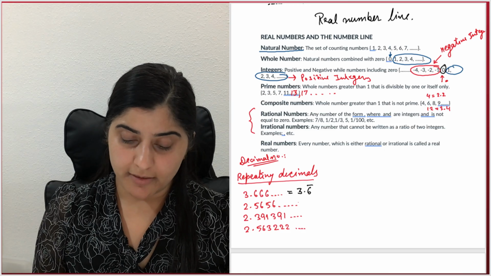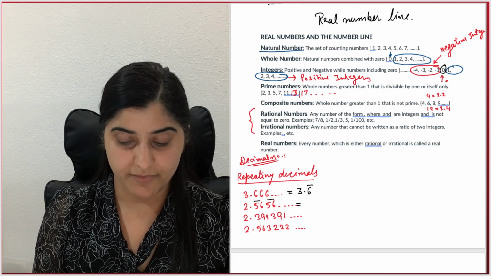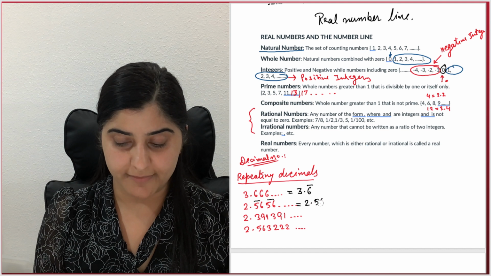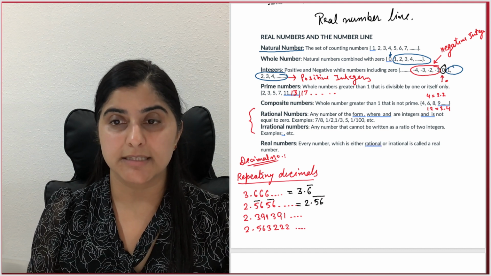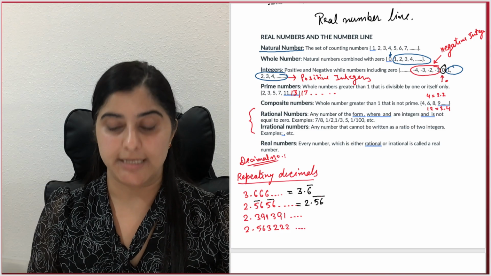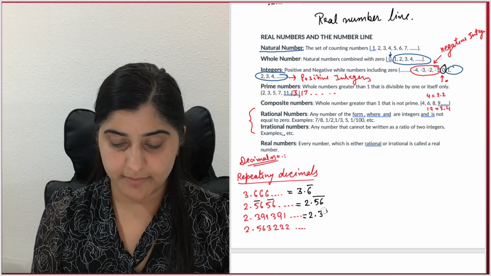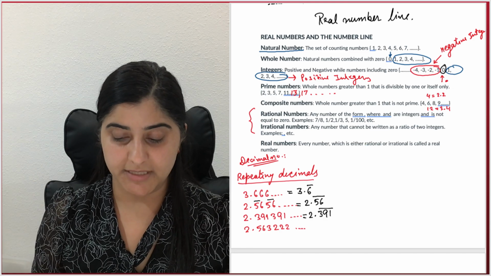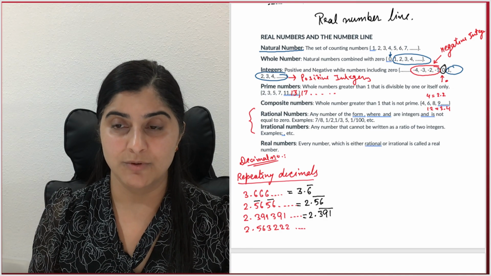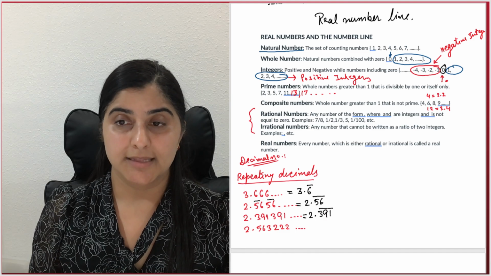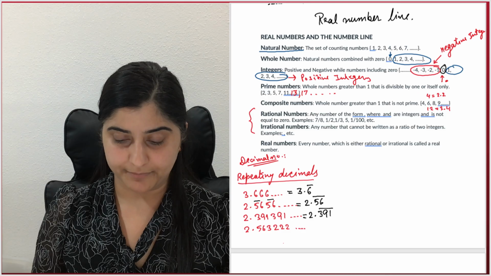In the second one, the two-digit number 56 is repeating, and we will write this as 2.56 and we put a line that will cover both 5 and 6 because 56 is repeating itself. In the third one, the three-digit number 391 is repeating itself, so we will put a line all the way from 3 to 1 just to tell that all these three digits are repeating itself.